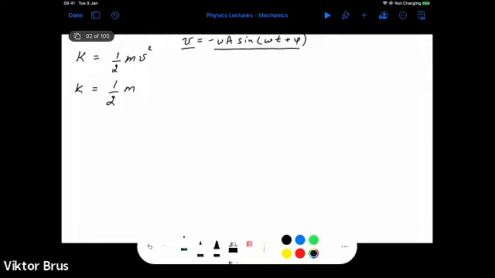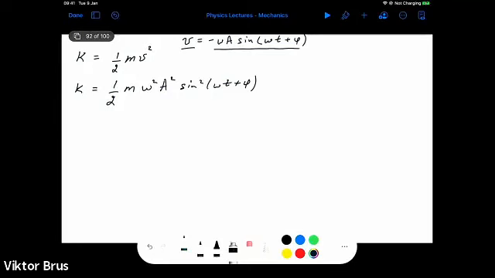It will be, so minus will cancel out, and we will have omega square a square sine square omega t plus phi. So this is the equation for the kinetic energy as a function of time.